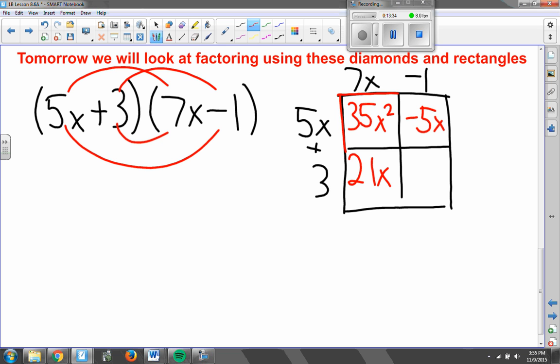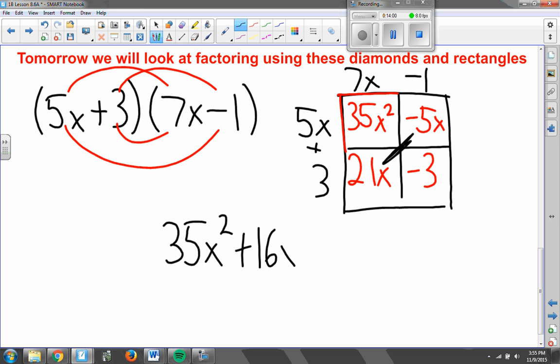And last but not least, 3 times negative 1 is negative 3. Okay. Now, if I put together my like terms from these two right here, I will have my completed FOILed out product, which will be 35x squared minus 5x plus 21x, I believe, is a plus 16x, and a minus 3 at the end.